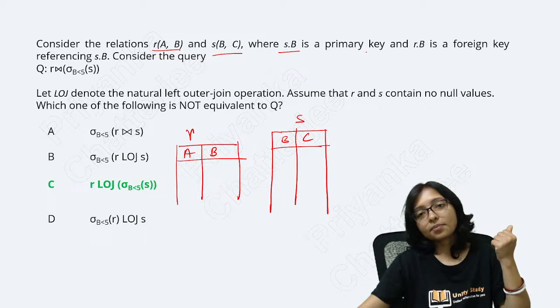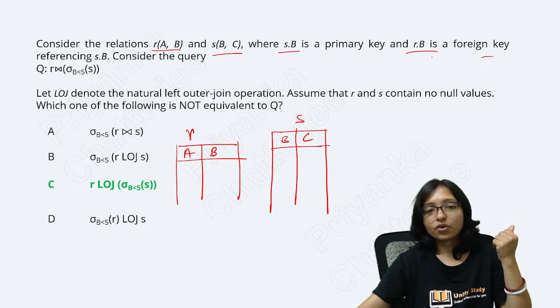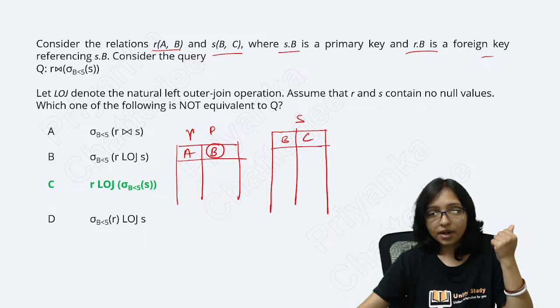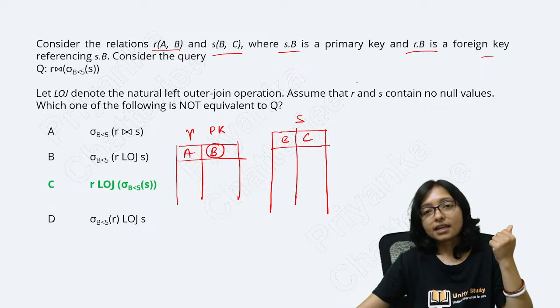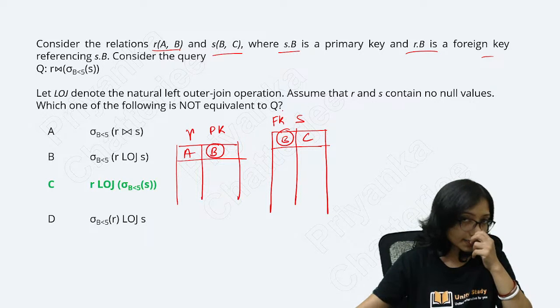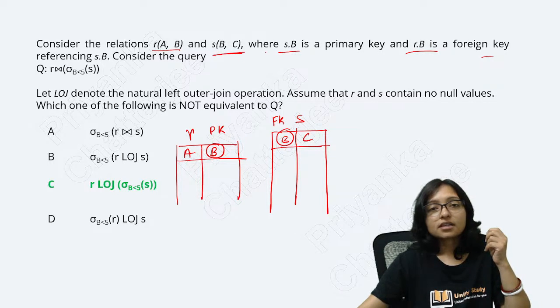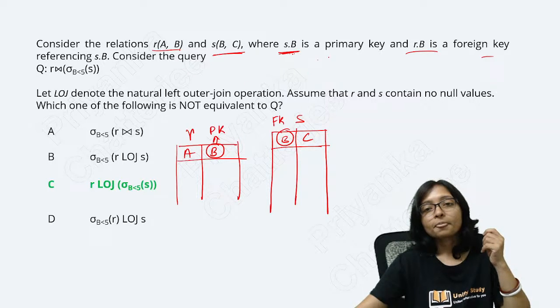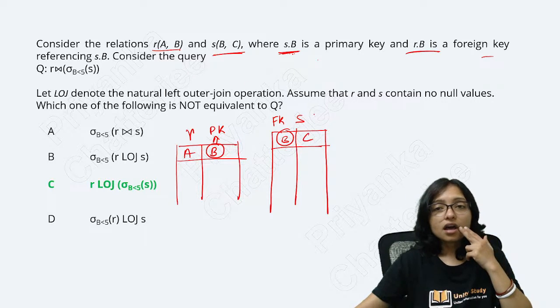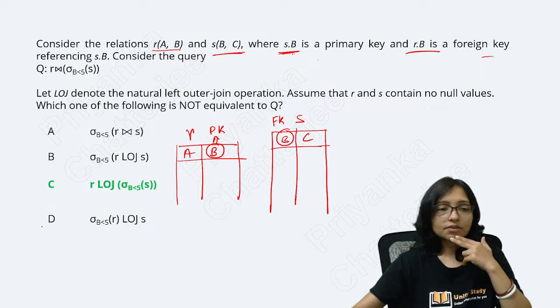S.B is the primary key and R.B is the foreign key. So this is the primary key here, and R.B is actually the foreign key here. It is given to you. No, yes, R.B is the primary key. This is the primary key. And S.B is the primary key, R.B is the foreign key, the opposite one.